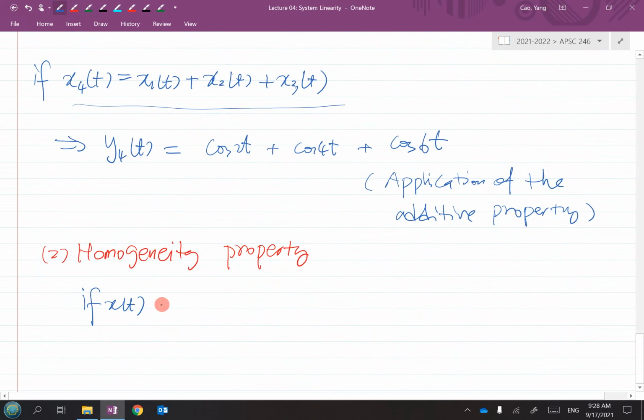If x of t is an input, and c is a constant, then c times x of t creates a new input.